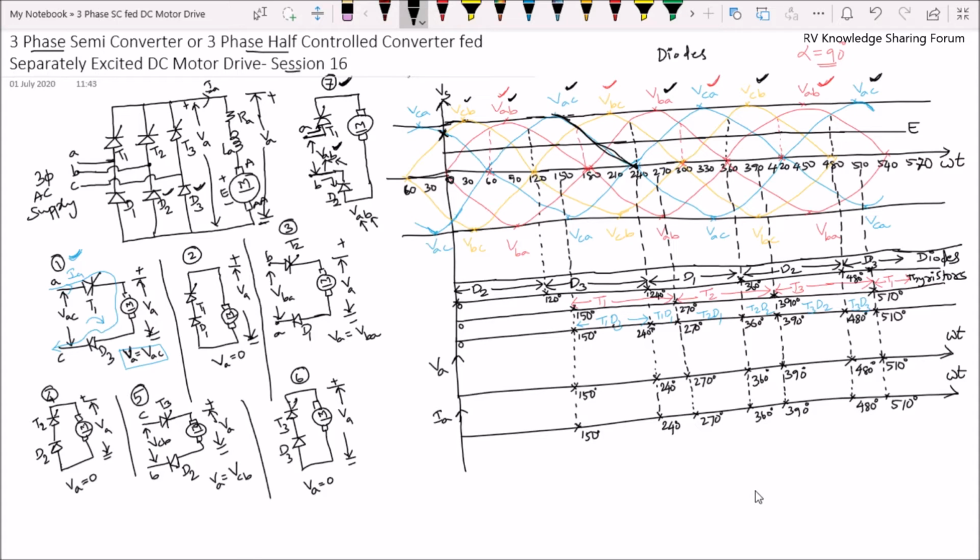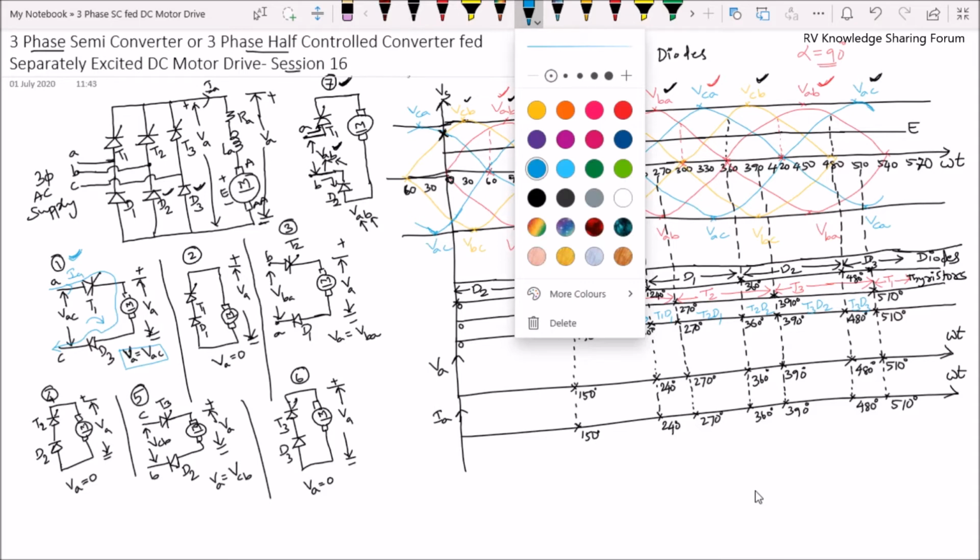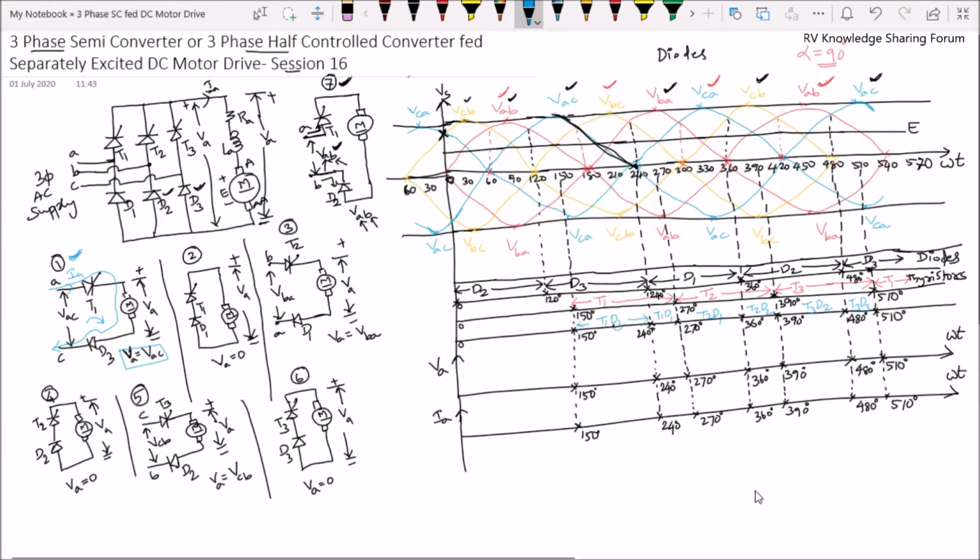Let us mark that in our output voltage waveform in blue color, from 150 degrees to 240 degrees. In circuit 1, we obtained by applying KVL that VA is equal to VAC. Therefore, the output voltage is VA equal to VAC, where thyristor T1 and diode D3 are conducting.